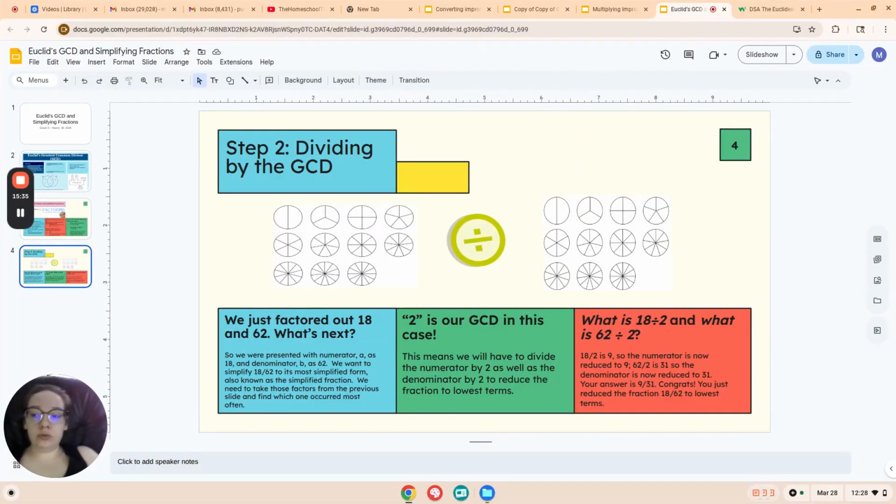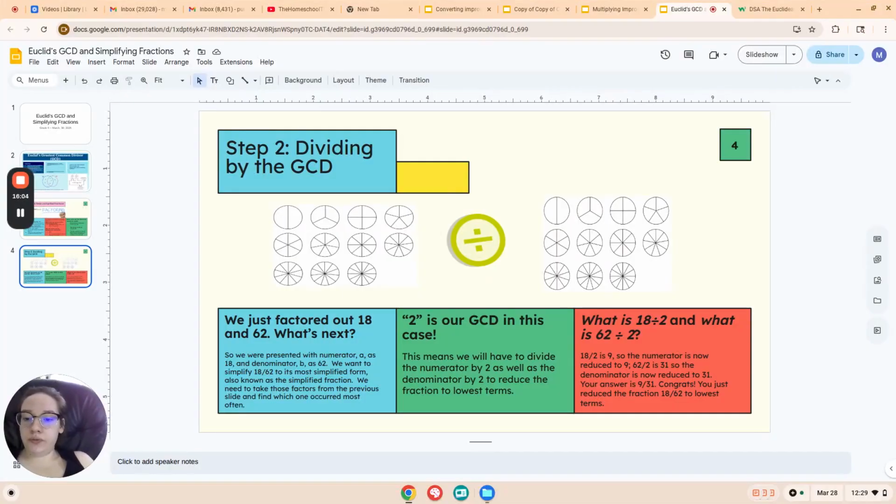Okay, step 2, dividing by the GCD, greatest common divisor. So we just factored out 18 and 62. So what's next? We were presented with numerator A as 18 and denominator B as 62. We want to simplify 18 over 62 to its most simplified form, also known as the simplified fraction.